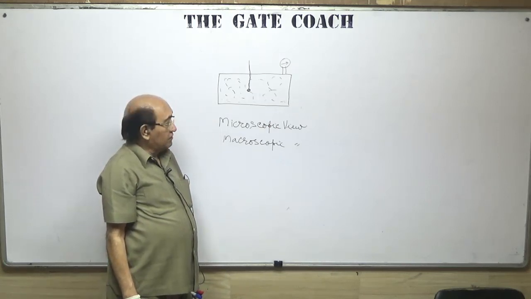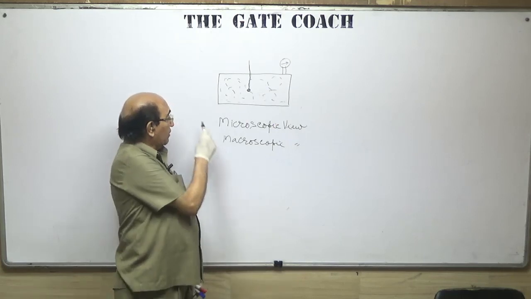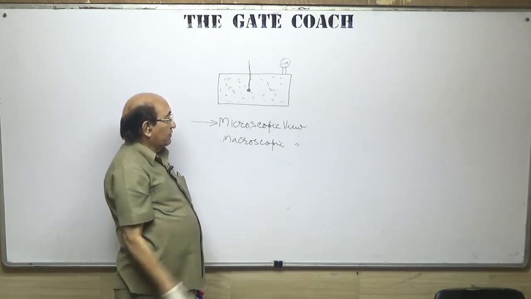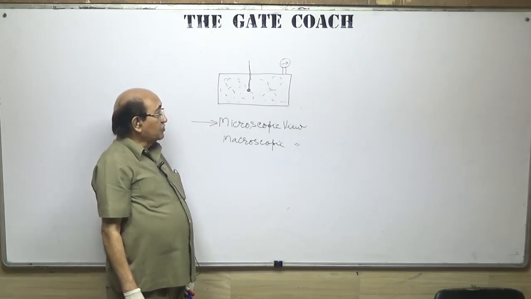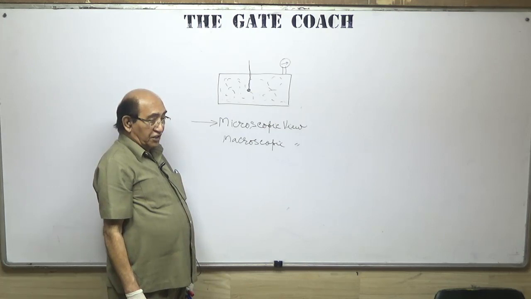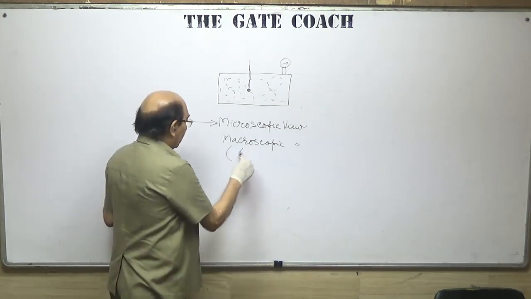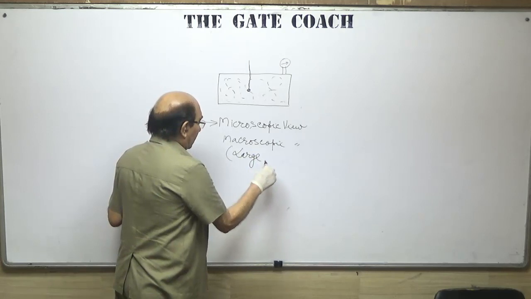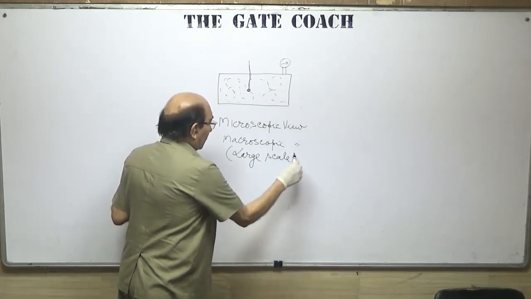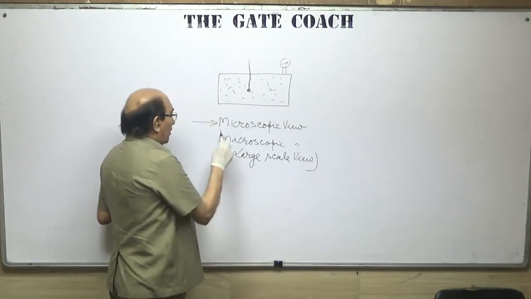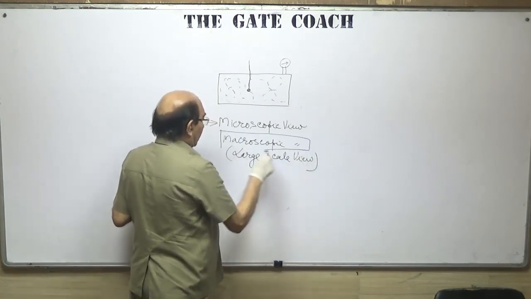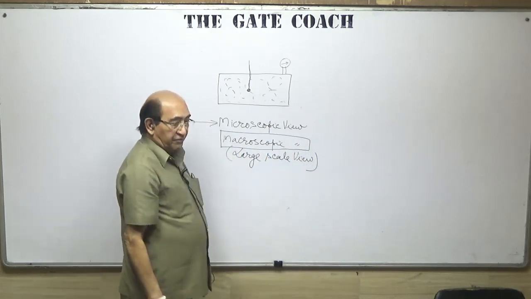Pure sciences students, they talk everything in terms of microscopic. Every time talking about molecules. We engineers shall take the large scale view and see the subject from the macroscopic point of view.